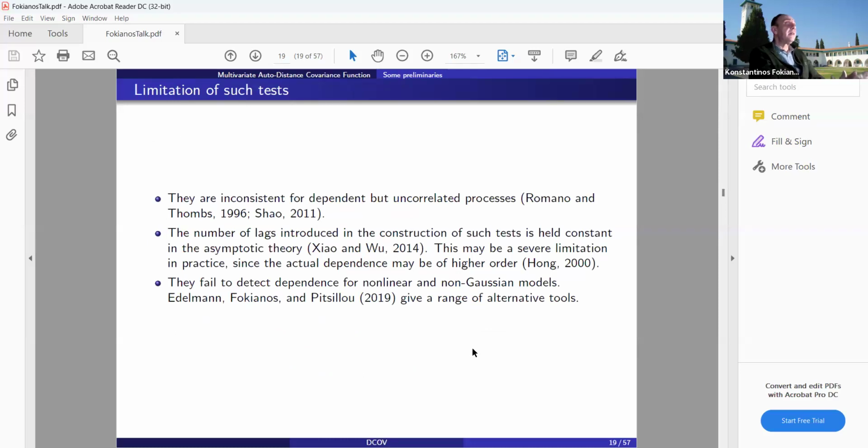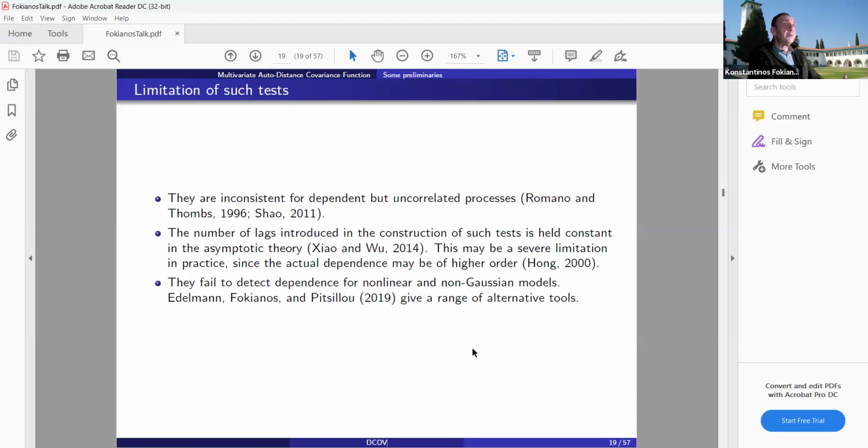But these tests are inconsistent for dependent and uncorrelated processes, and this has been documented very well in the literature. The number of lags introduced in the construction of such tests is held constant, but this might not be practical, because the actual dependence might be of higher order.